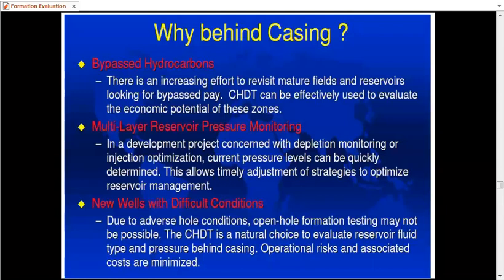And the CHDT or cased hole dynamic tester is a natural choice to evaluate reservoir fluid type and pressure behind the casing, and operational risk and associated costs are minimized in this case, as you deal with a critical hole condition and also a critical formation testing evaluation operation.